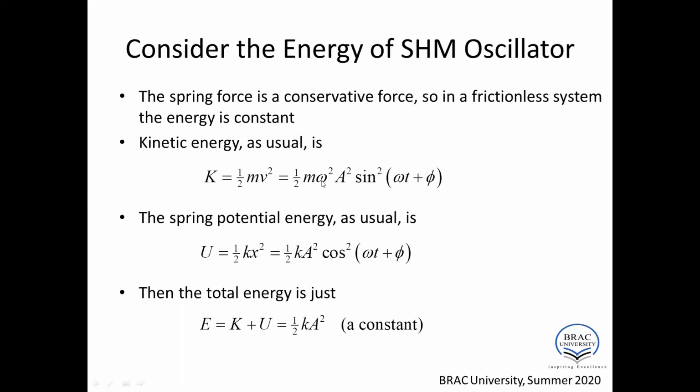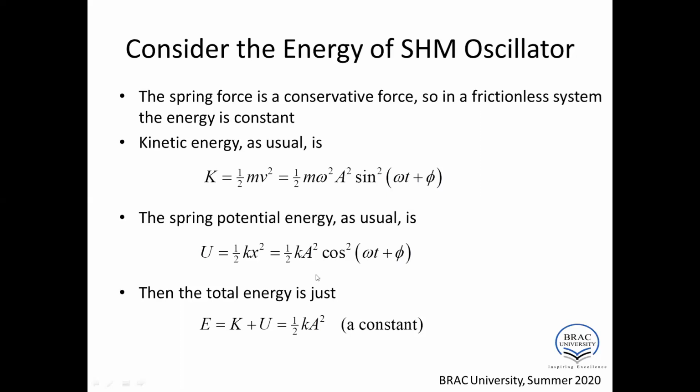And we know that omega is equal to root over k by m. If we put this value of omega, then the kinetic energy is also equal to half k A square sin square(omega t plus phi). So the total energy is half k A square sin square(omega t plus phi) plus half k A square cos square(omega t plus phi).